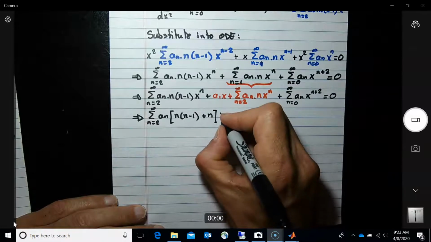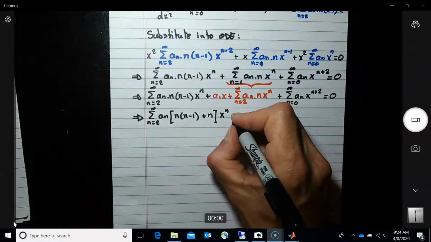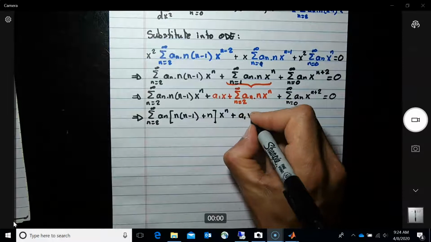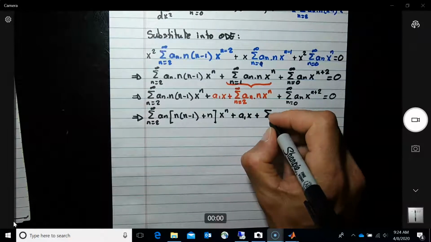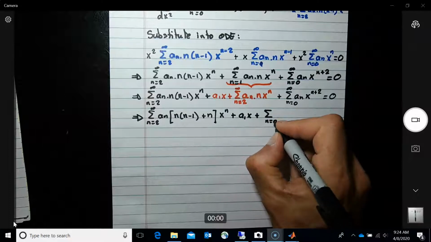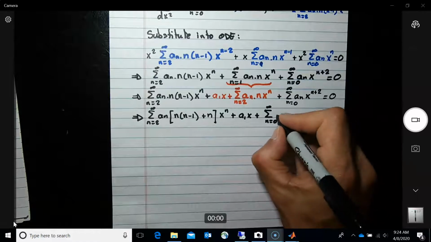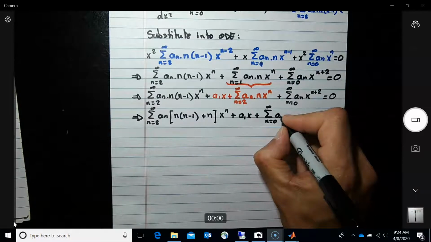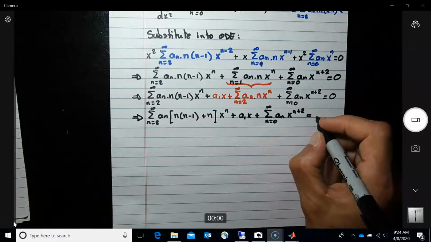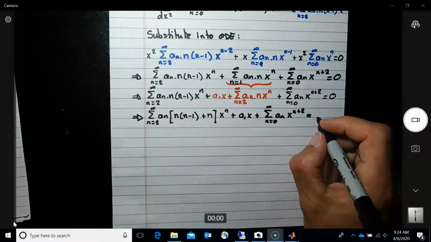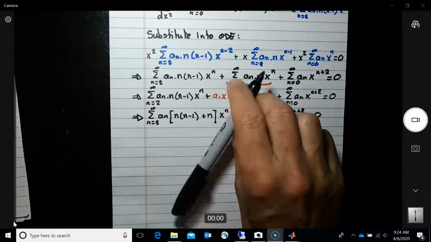This will be x to the n, plus a1 x plus the summation of n equal to 0 to infinity of a sub n x to the n plus 2, equal to 0.